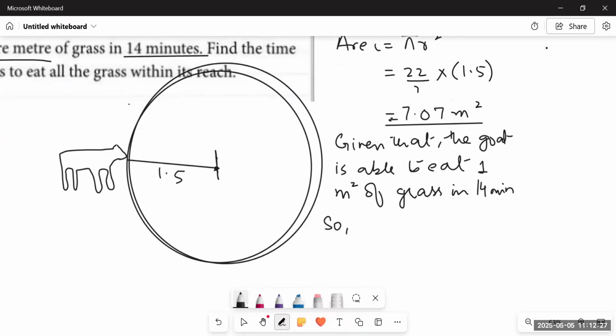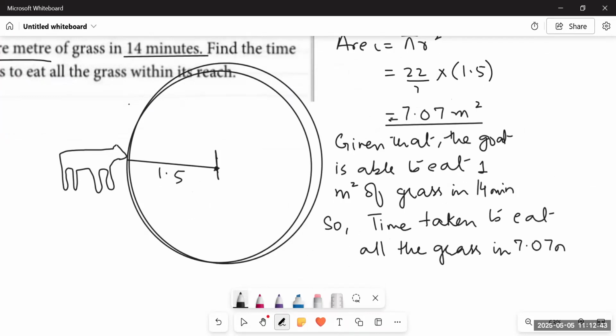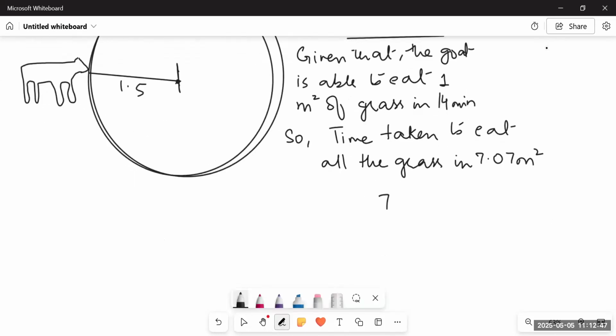So the time taken to eat all the grass in 7.07 meter square would be simple: 7.07 multiplied by 14. That's all.